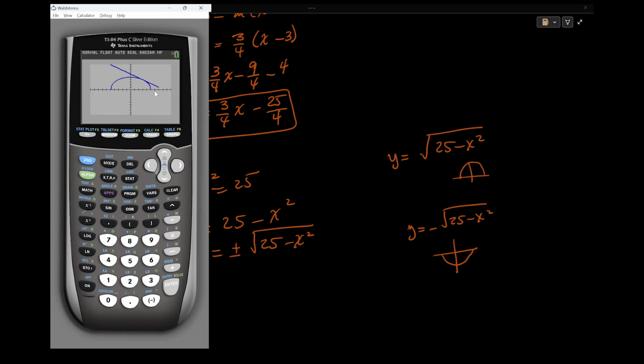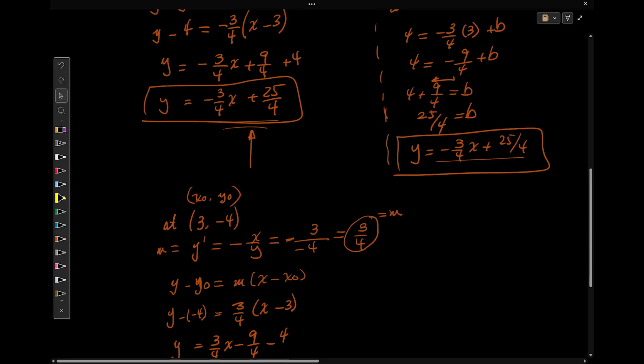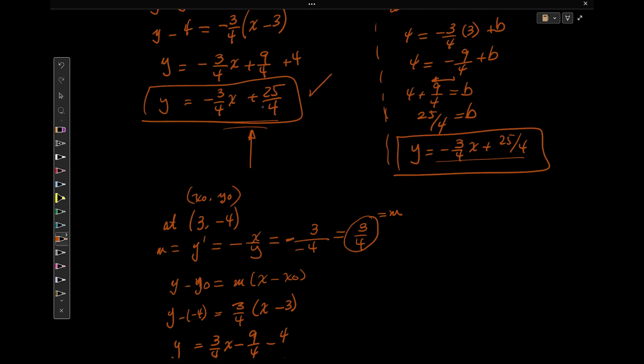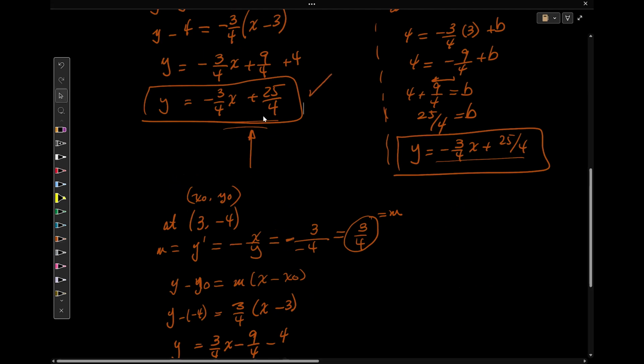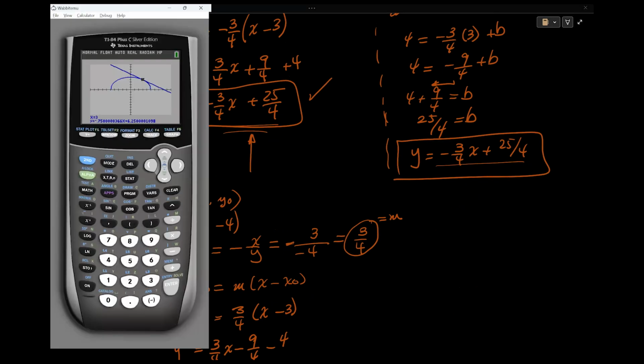There's the tangent line coming in, and here's the equation: negative 3/4, which is negative 0.75, plus 6.25. And 25/4 is 6.25. So this one checks out perfectly well. Let's try the other one. The other one was, let me move this out of the way.